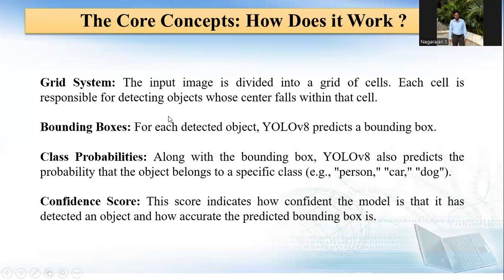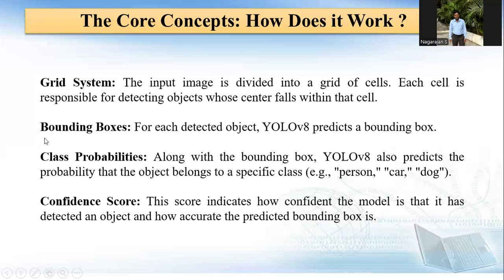And class probabilities are very important because with the help of the bounding box, YOLO can also easily detect which category the object belongs to. Suppose in the image there is a person, a car and a dog. It can easily identify which object belongs to the person, which belongs to the car, and which belongs to an animal like the dog. That is possible with the help of this concept of the YOLO V8 model. Then the confidence score.